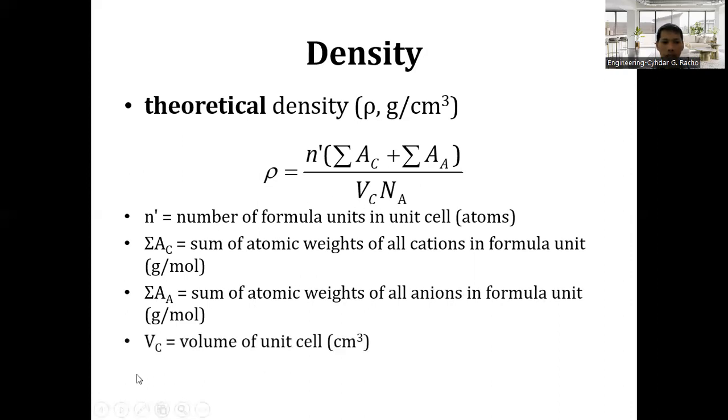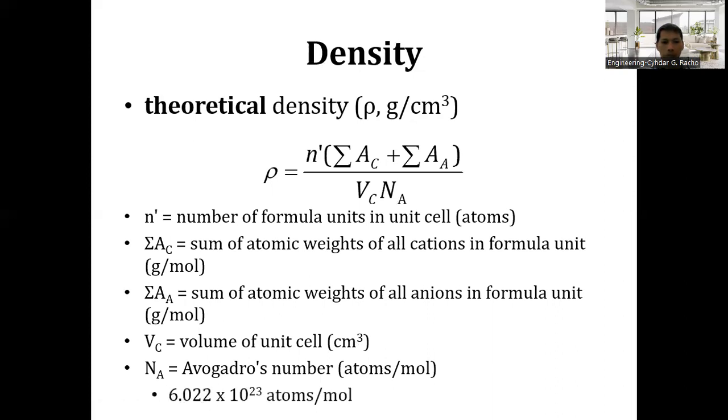And your V sub C, that is the volume of the unit cell in cubic centimeters. And lastly, your N sub A, that is Avogadro's number or Avogadro's constant, 6.022 times 10 to the 23 atoms per mole.